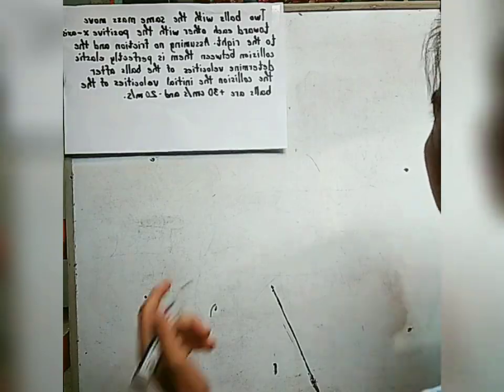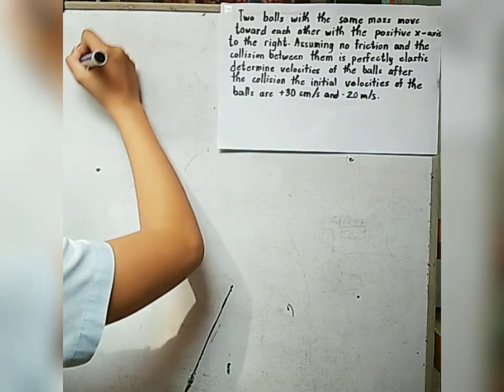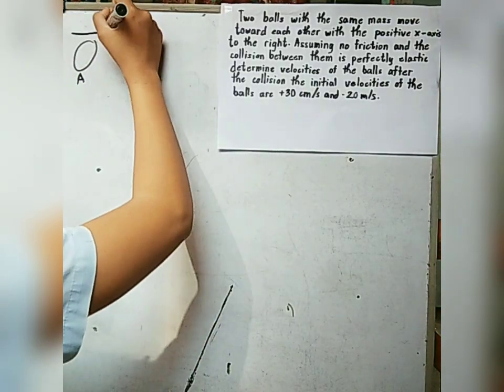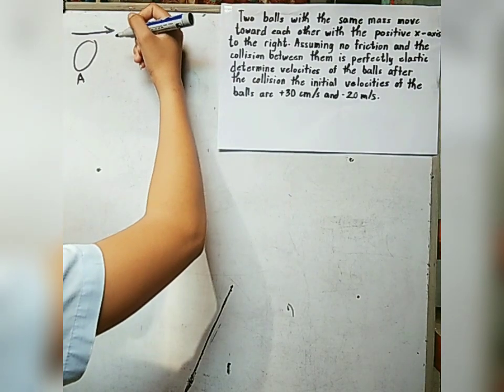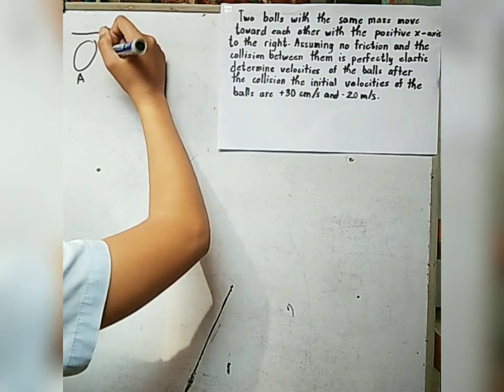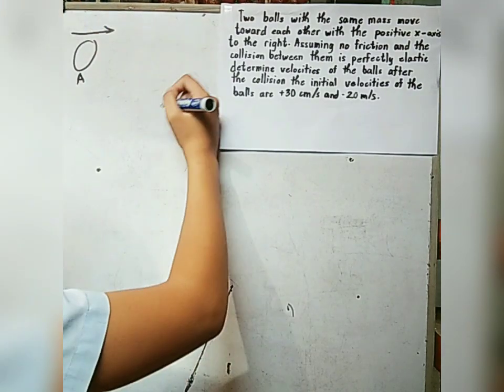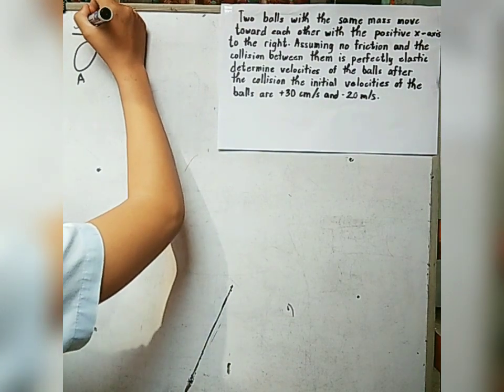For example, this is ball A, and it is going to the right, because it is moving at positive 30 meters per second.